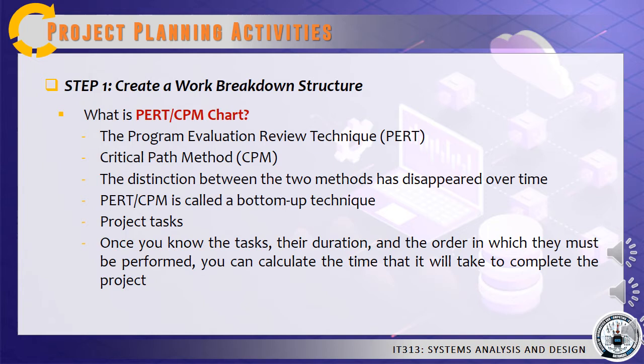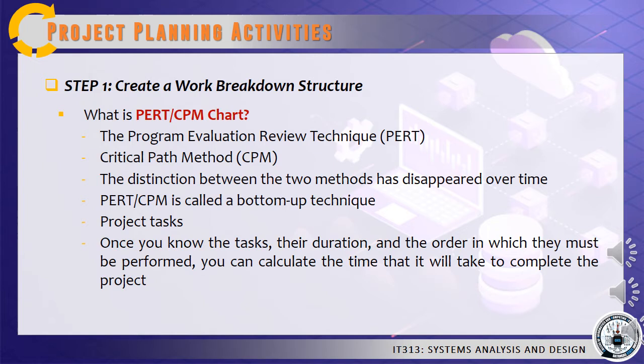PERT is a bottom-up technique because it analyzes a large complex project as a series of individual tasks. To create a PERT chart, first, you must identify all the project tasks and estimate how much time each task will take to perform. Next, you must determine the logical order in which the tasks must be performed.